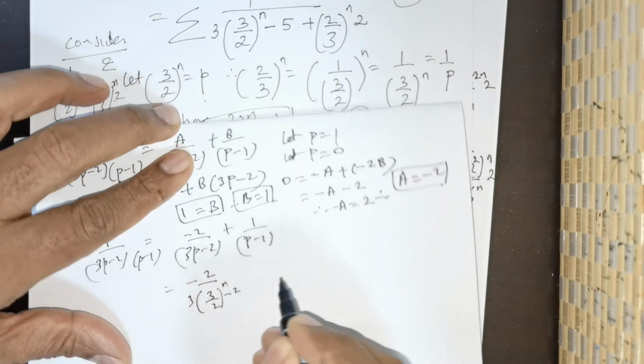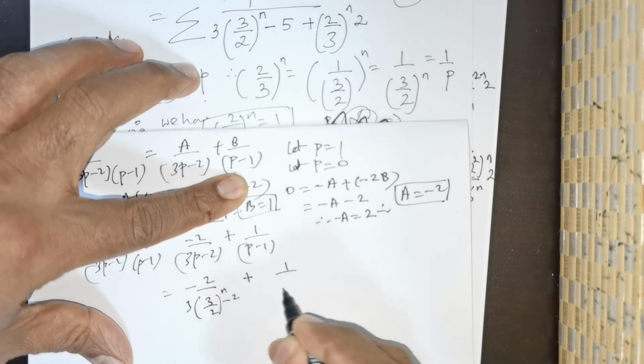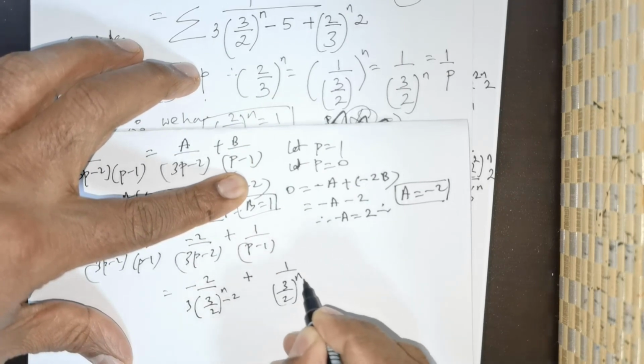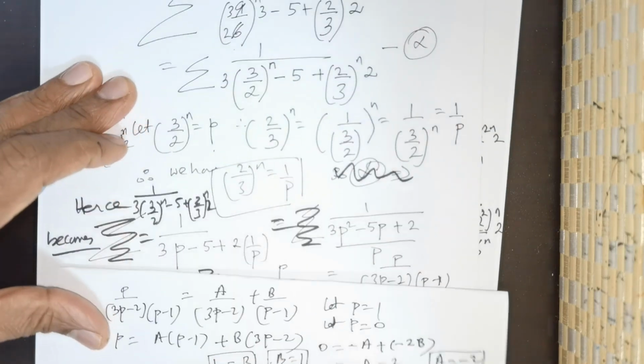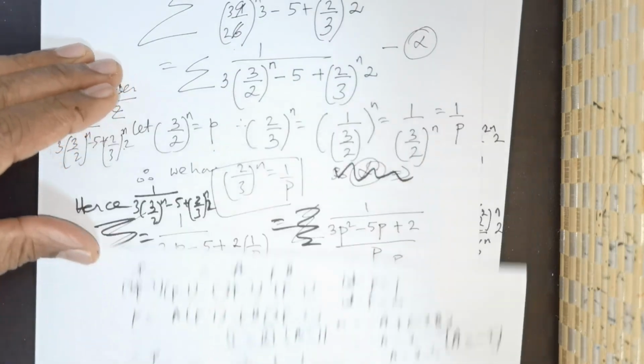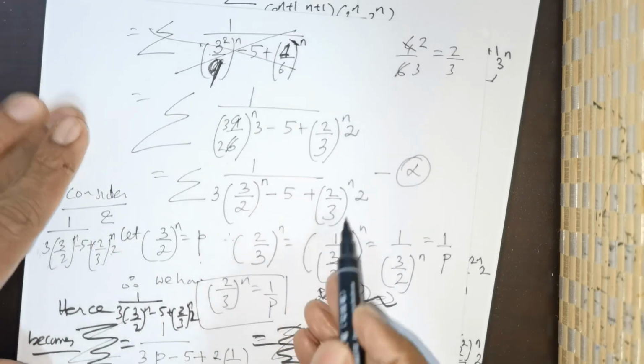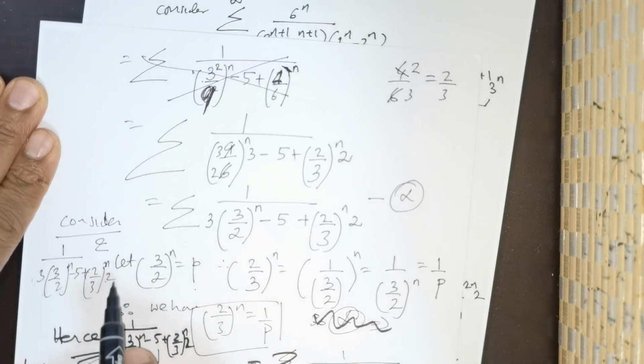Okay, negative 2 plus 1 over 3 over 2 raised to the power of n minus 1. Now this has actually resulted because we exclusively considered this term.